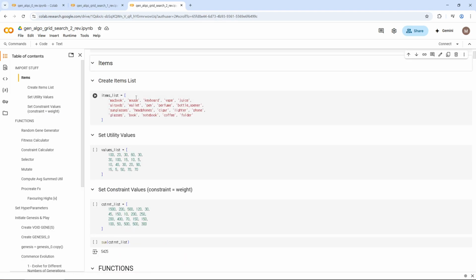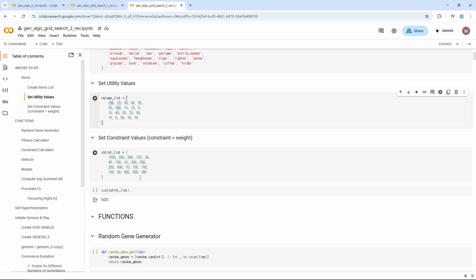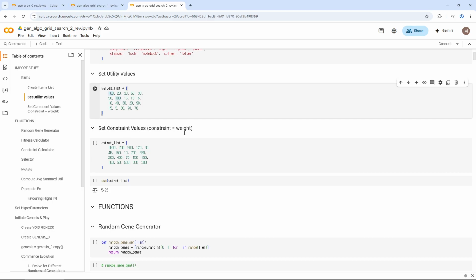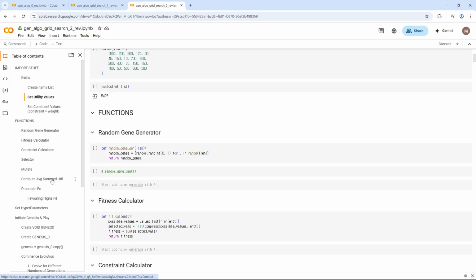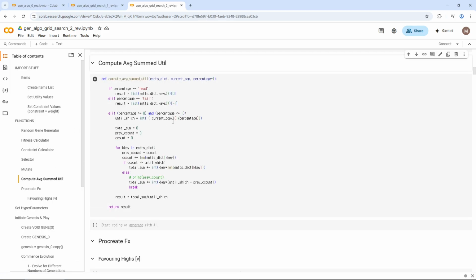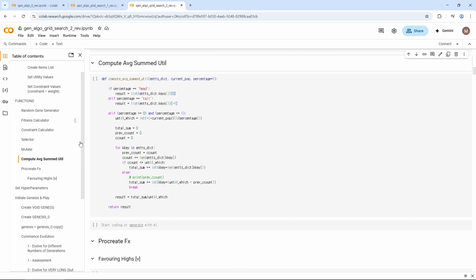Getting started, again I have 20 items, 20 values, and 20 constraint values, as in physical weight. The rest are the same as in the previous video.